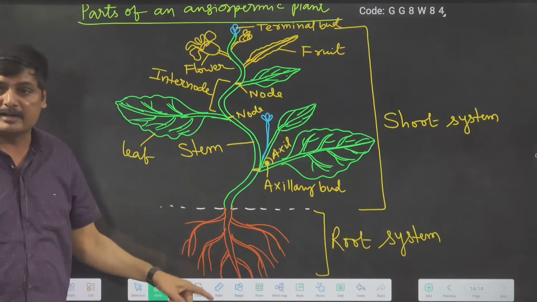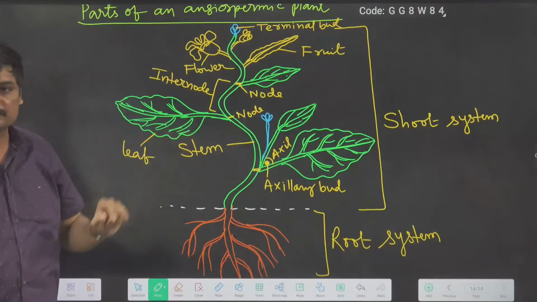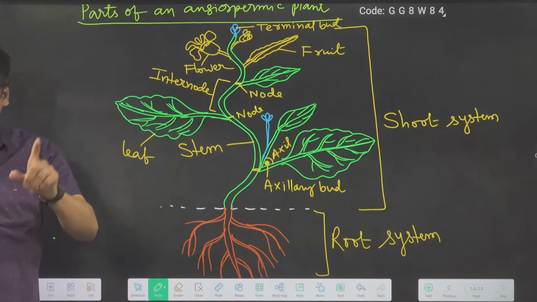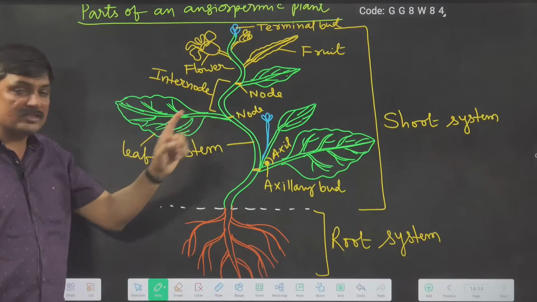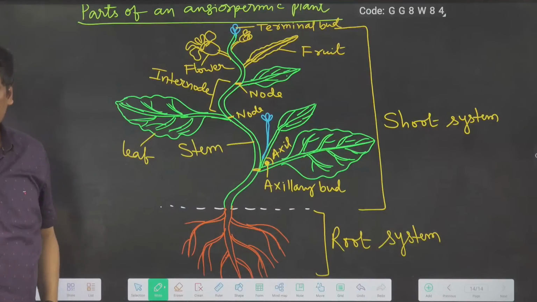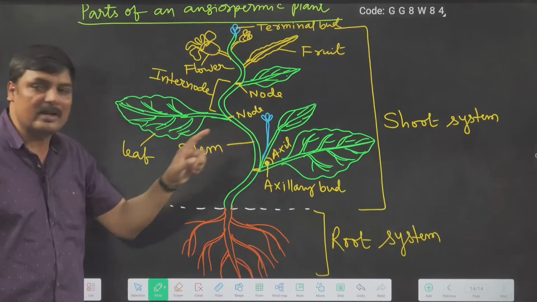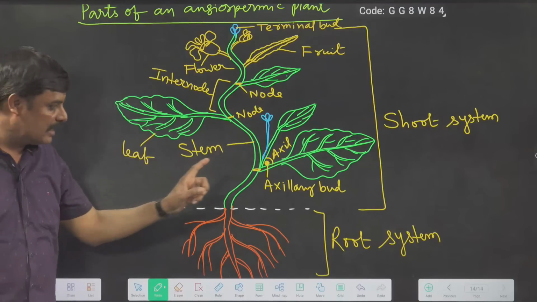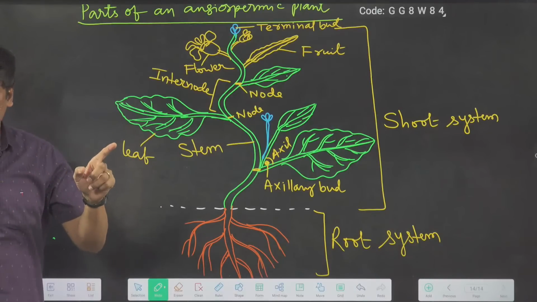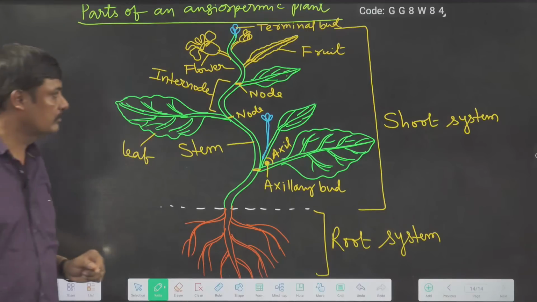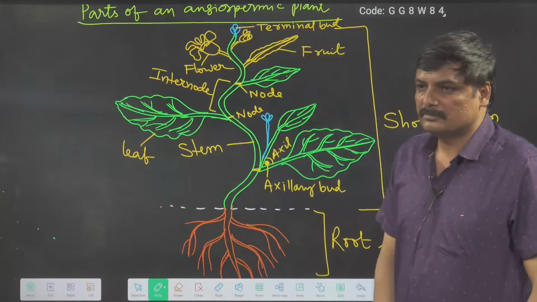I will explain later in detail. Okay. And the main axis is called stem. Stem is divided into nodes and internodes. At nodes, leaves arise. The portion between the nodes is called internode. Okay. And the angle between the stem and the leaf is called axil. Axil contains axillary bud. The axillary bud develops into either a branch or a flower. So this is about the parts of a flowering plant.